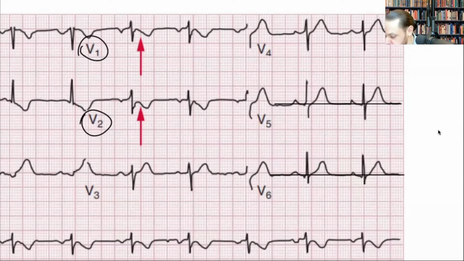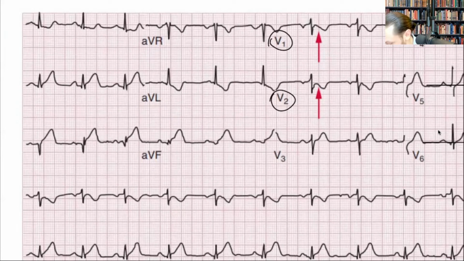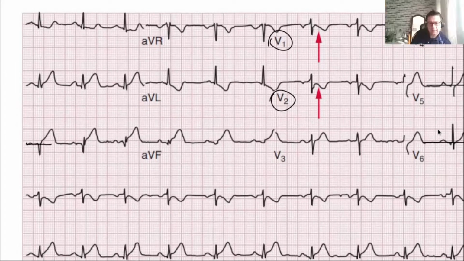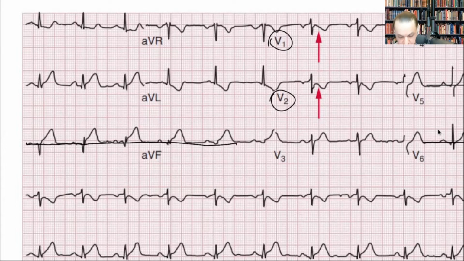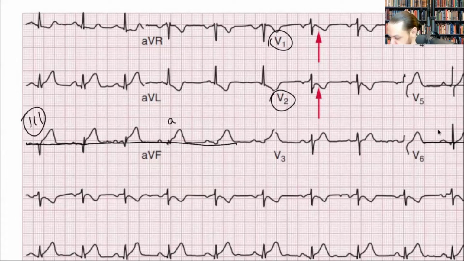They're not elevated. But let me point you to this here, lead 3 and AVF. If you look closely, you actually have elevations in which leads? AVF. Yeah, lead 3, this is lead 3, and this is AVF, right?